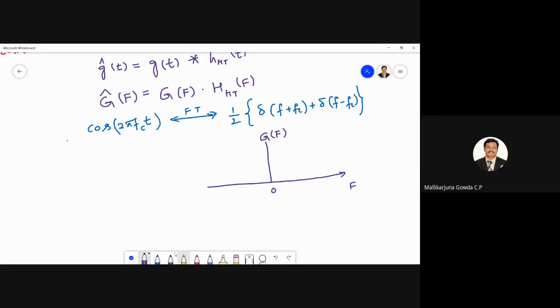So I have two impulse functions. One is at fc, another one is at minus fc, having a magnitude of 1 by 2.